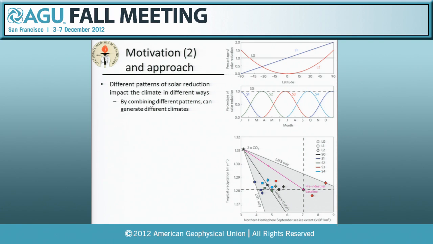If you restrict yourself to uniform reduction in sunlight, as you increase the amount of sunlight reduction, that takes you down some line that in general is different from how CO2 changed the climate. You can pick where you want to be, but you can't simultaneously compensate with 1 degree of freedom for both the precipitation and the Arctic sea ice. If you have more degrees of freedom, those affect these variables differently.